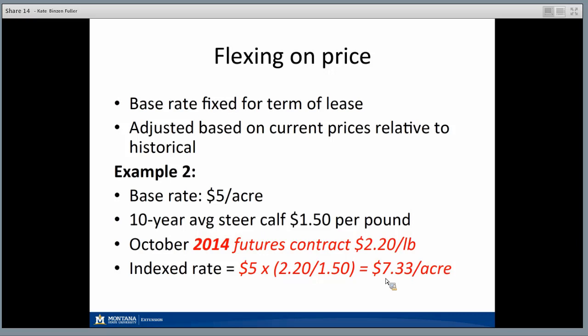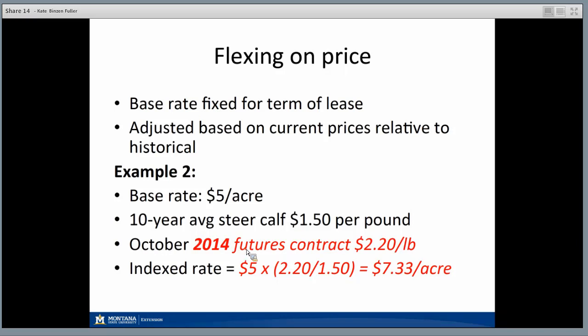But this can turn out very differently. This is a very similar example where I've just tweaked a couple things. We have the same base rate and the same 10-year average price. But I'm looking at 2014, and I'm looking at what the futures contract was in the spring of that year for October.